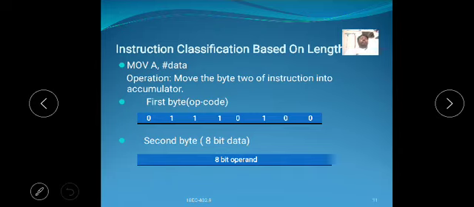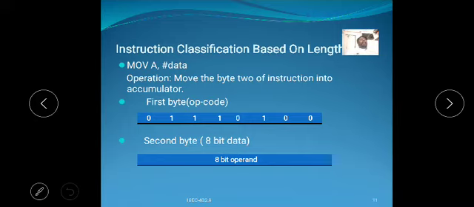The operation is to move byte 2 of the instruction into the accumulator. The first byte opcode is 00101110. The second byte is 8 bits of data, that is, the 8-bit operand.